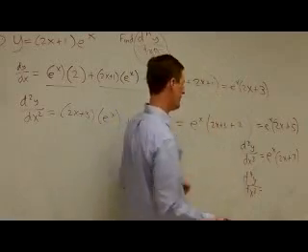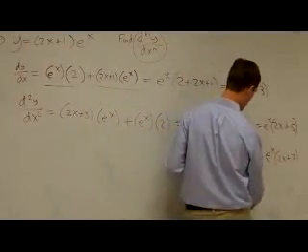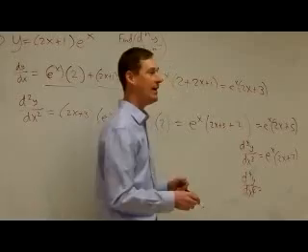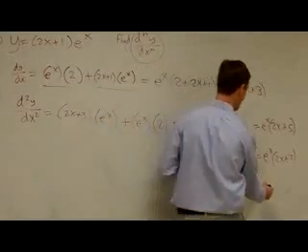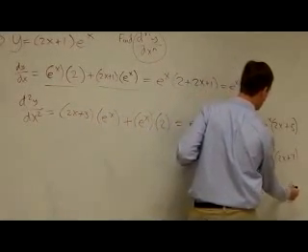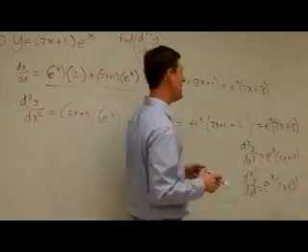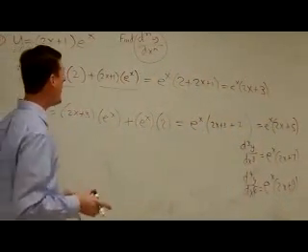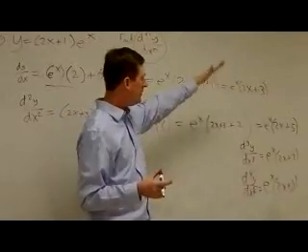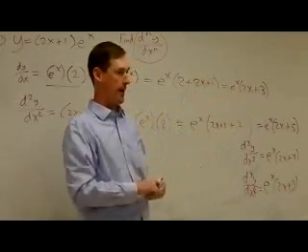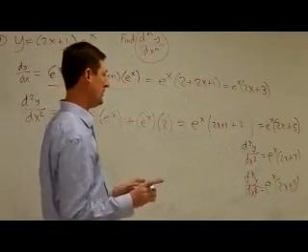We're going to look down here, right? And the fourth derivative is going to be e to the x times 2x plus 9. So one of the patterns is to go up by 2, up by 2, up by 2. That's your recursive pattern. But the explicit, right?